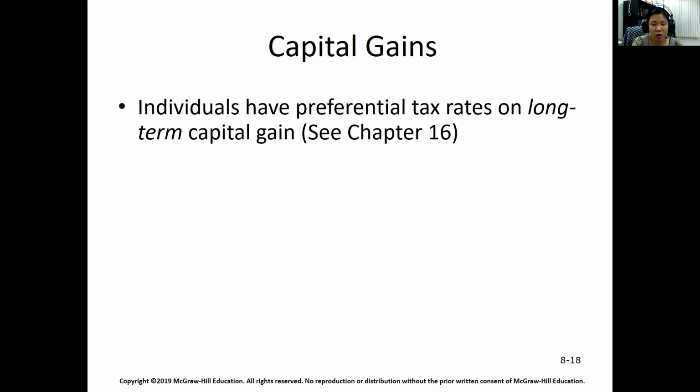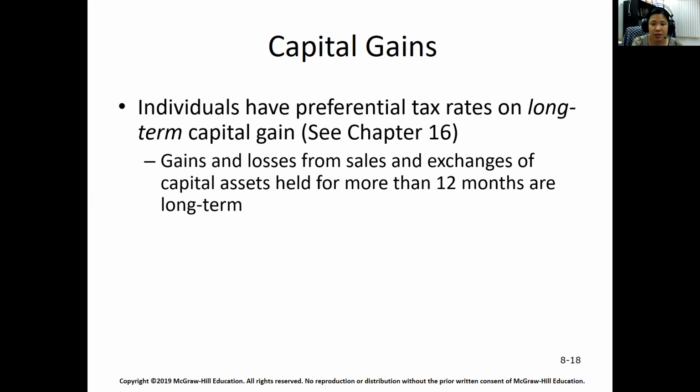Now, what about the long-term capital gain? The long-term capital gain includes the selling or exchanging of capital assets that you hold for more than 12 months. We call it long-term capital gain. When we have a long-term capital gain for an individual, how do we pay tax?